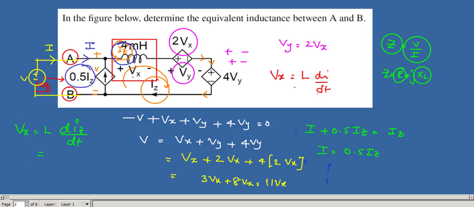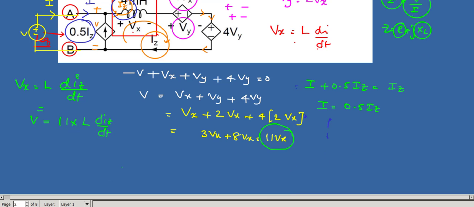So you substitute here: V equals 11 Vx, where Vx equals L into diz by dt. So V equals 11 into L into diz by dt.